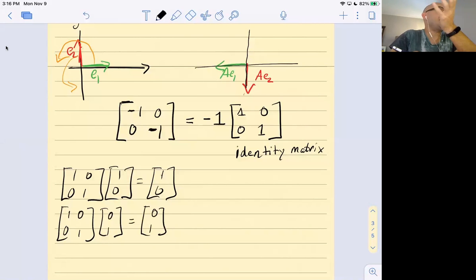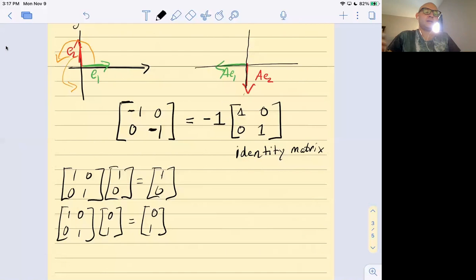What am I really doing to the grid? I'm doing nothing. I'm keeping the grid as it is. So that's why we call it an identity. It's essentially the same thing as just multiplying by 1. You're keeping everything where it is. If E1 doesn't move and E2 doesn't move, then the whole thing doesn't move.